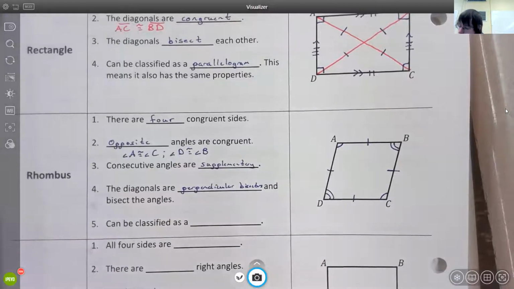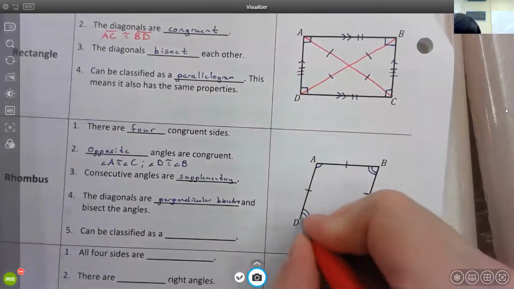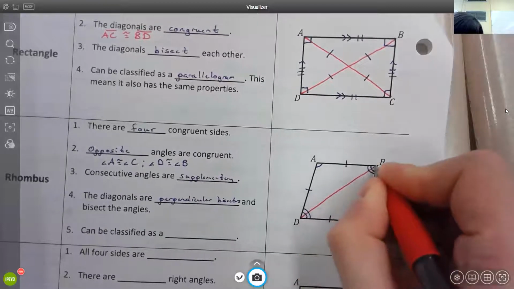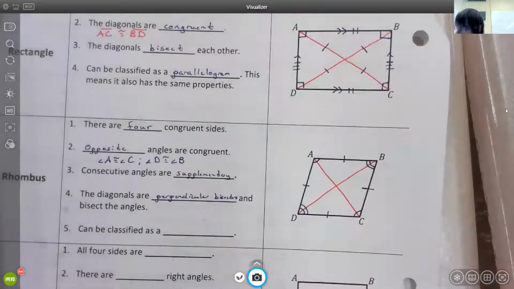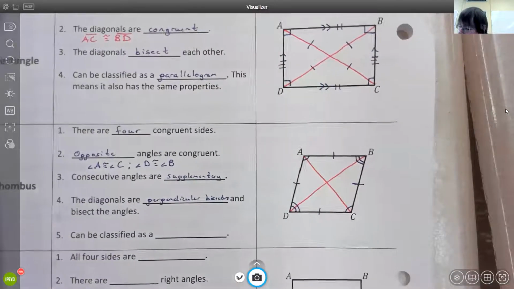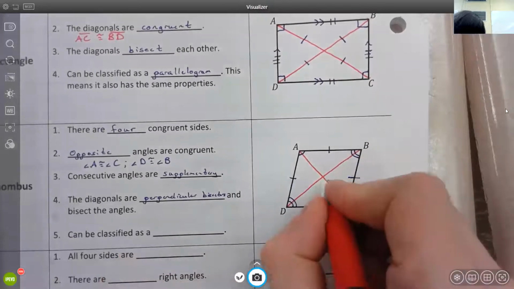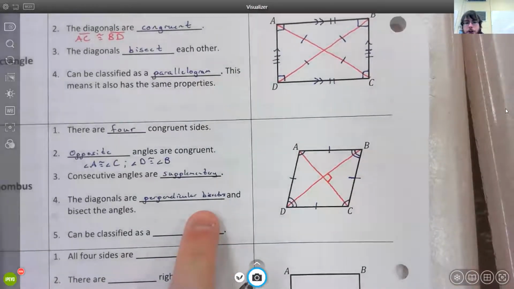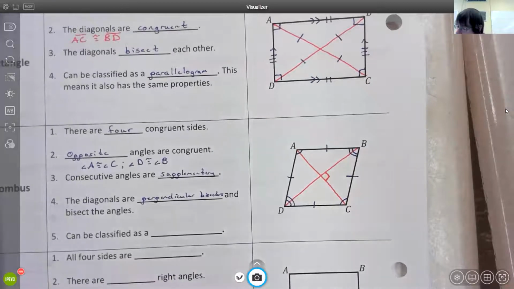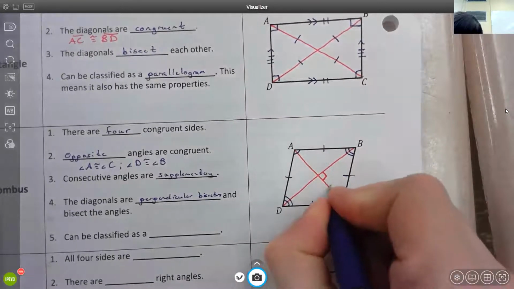So when you take your diagonals there, since they're perpendicular, they intersect to form a right angle. And it says they're bisectors, so they bisect one another as well.